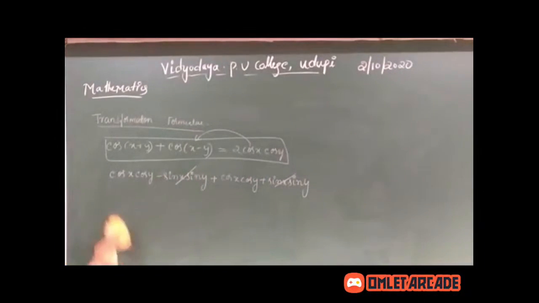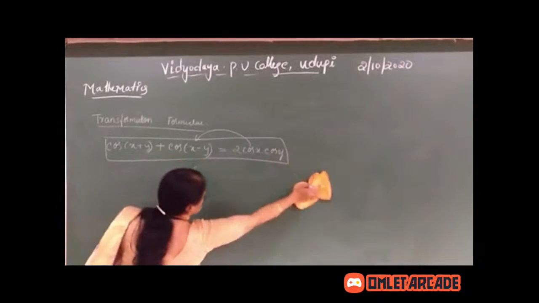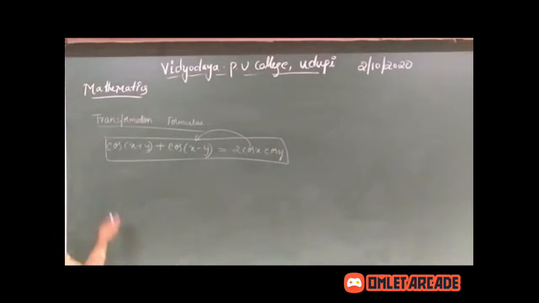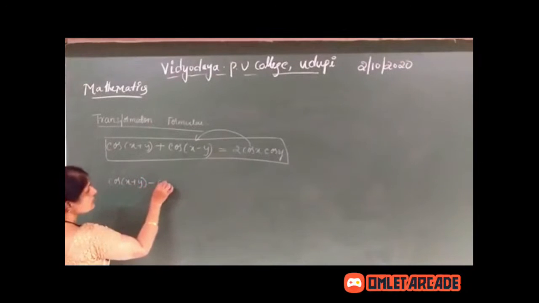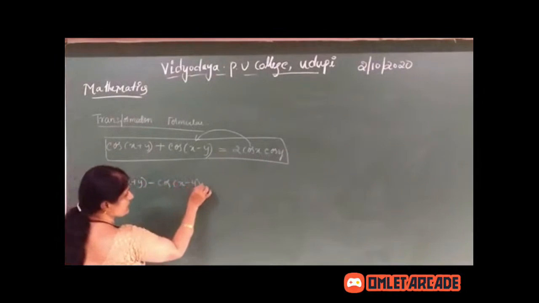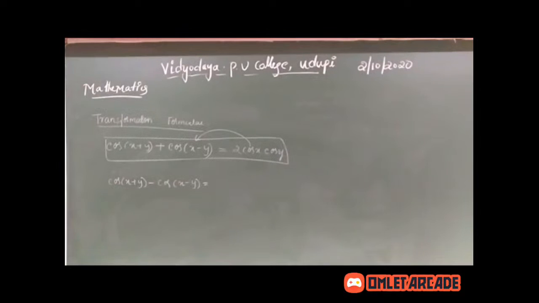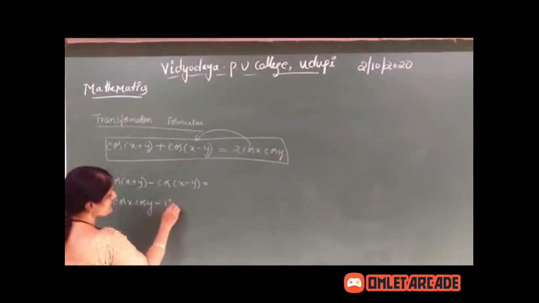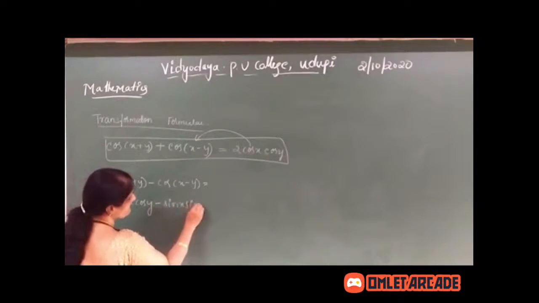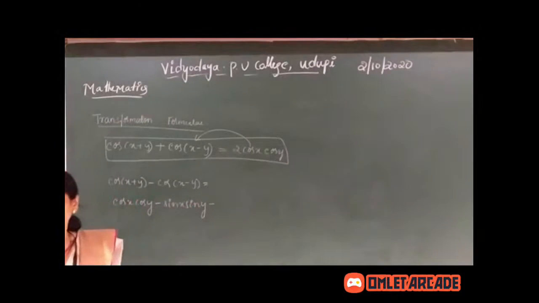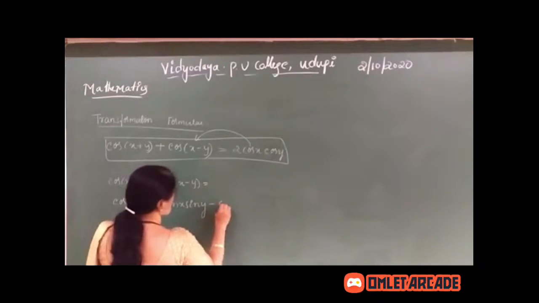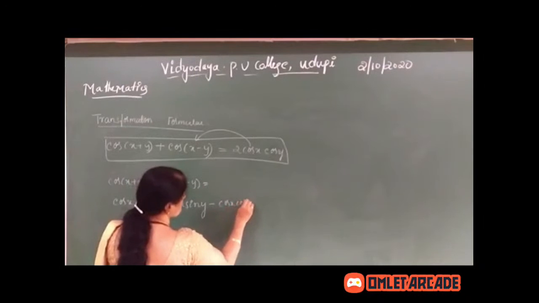Now if we subtract, let me subtract now: cos of x plus y minus cos of x minus y. Cos of x plus y is cos x cos y minus sin x sin y, minus cos of x minus y, which is cos x cos y.